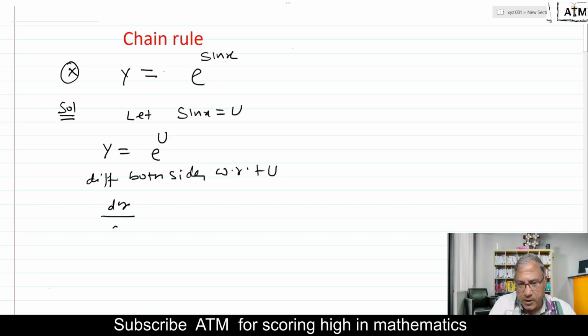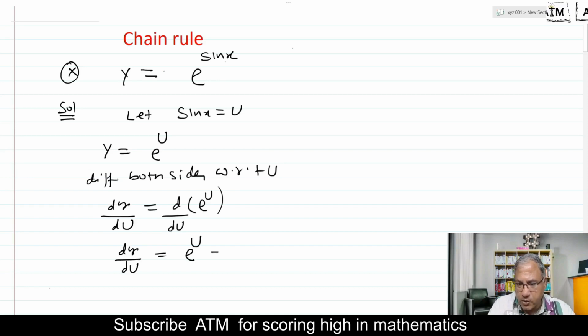So dy by du equals differentiation of e raised to u with respect to u, which equals e raised to u itself. So dy by du equals e raised to u, equation number 1.